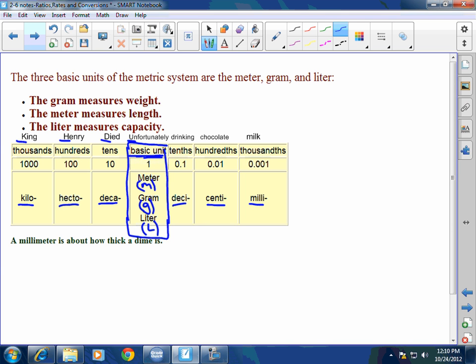Little d for deci. Little c for chocolate, centi. Little m for milk, milli. Please be aware that a little m by itself equals meter, and an m is millimeter. Please be aware of that difference.